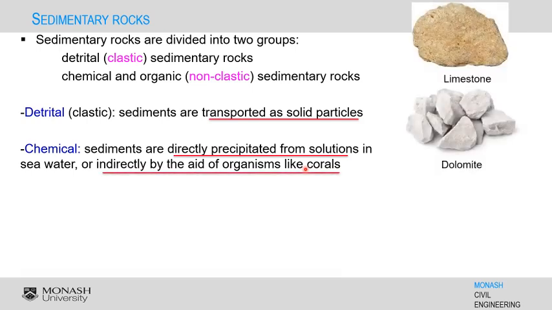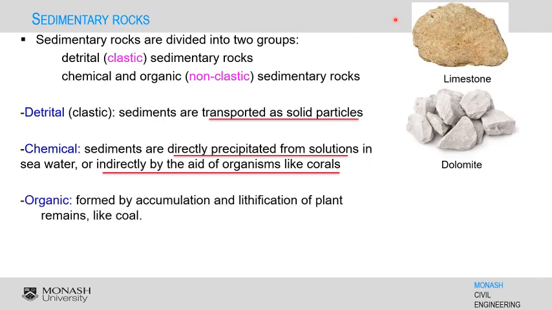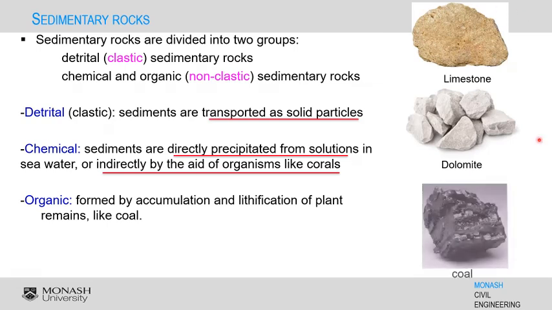Sediments are directly precipitated from solution in seawater or indirectly by the aid of organisms like corals, forming these rocks. Organic sedimentary rocks form from the accumulation and lithification of organic debris such as leaves, roots, and other plant or animal material. Coal is a good example of an organic sedimentary rock.